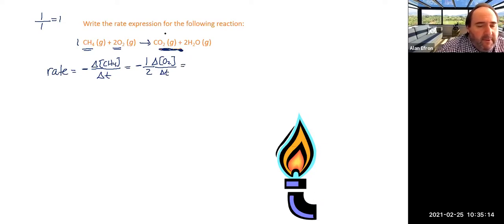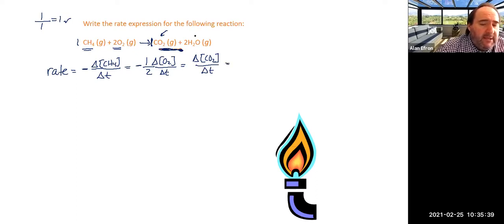We are now moving to our product side, where we do have a coefficient of 1, which is basically going to end up the same as this one. But because this is a product and we would expect it to increase over time, this would be a positive number on the back end, change in the concentration of CO2 over the change in time. Coefficient there is 1, which is why we have nothing there.